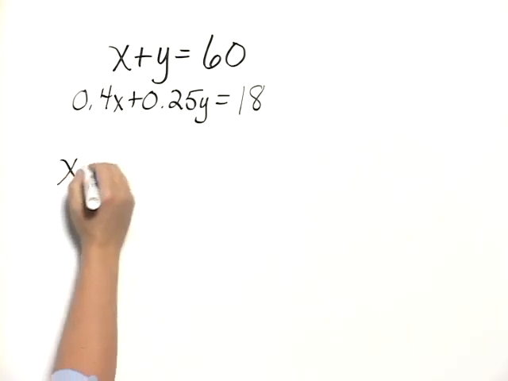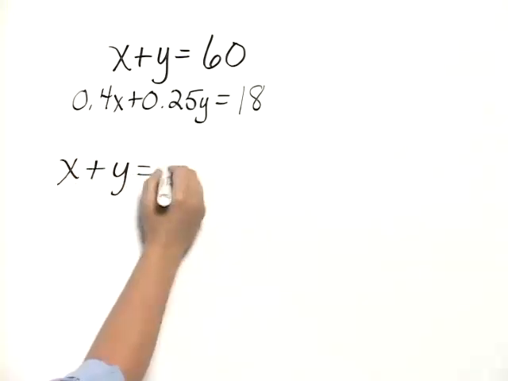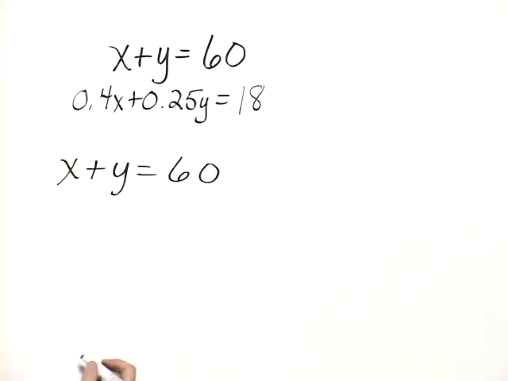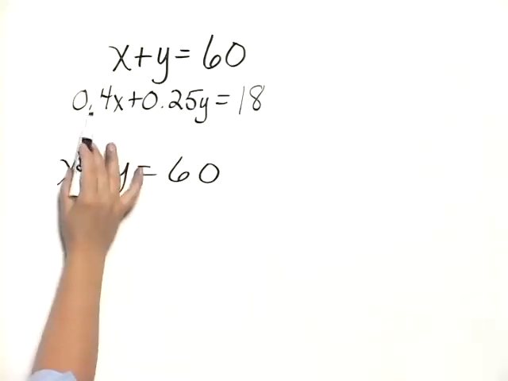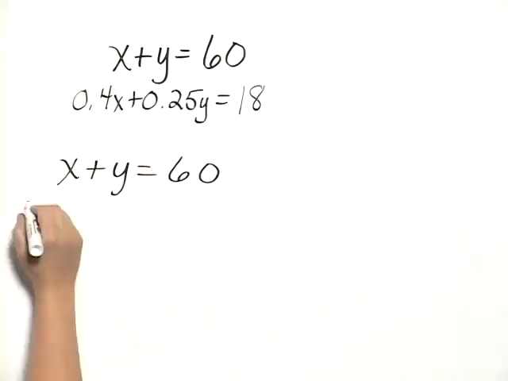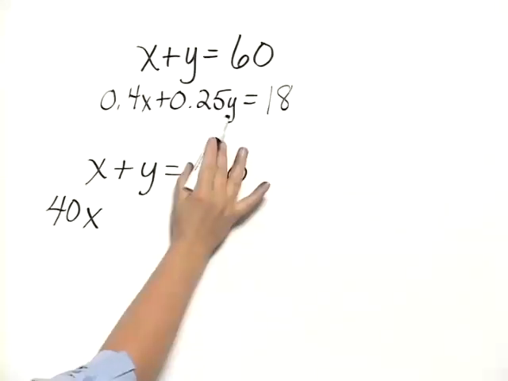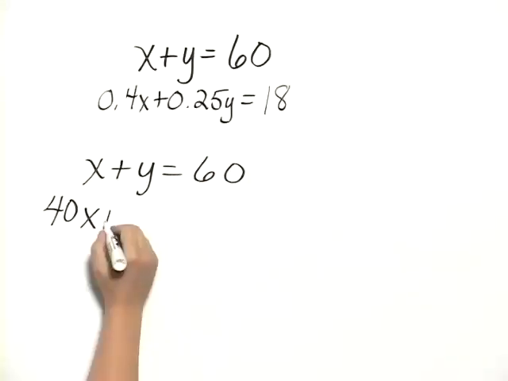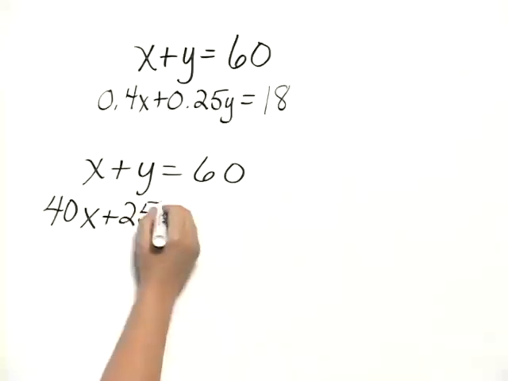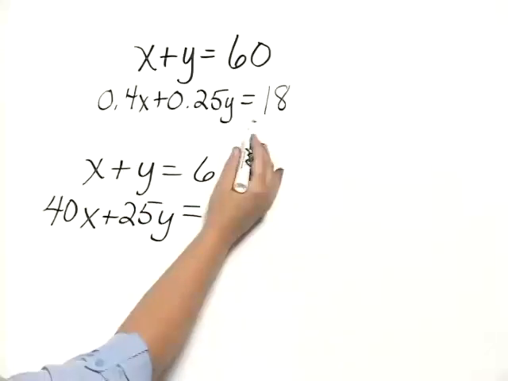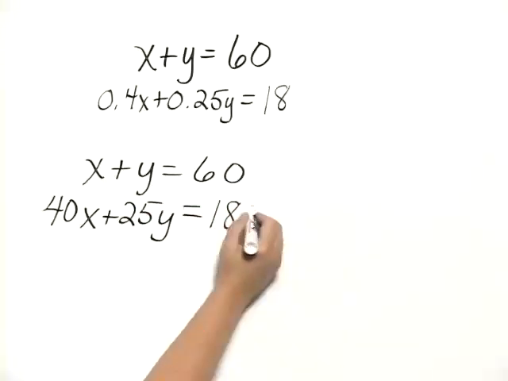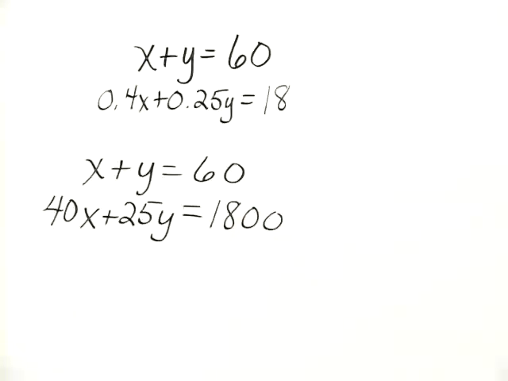Copying the first equation, I have x plus y equals 60. In the second equation, when I multiply 0.4x by 100, I get 40x. And when I multiply 0.25y by 100, I get 25y. And when I multiply 18 by 100, I get 1,800. I could use substitution or elimination. I'll use elimination.